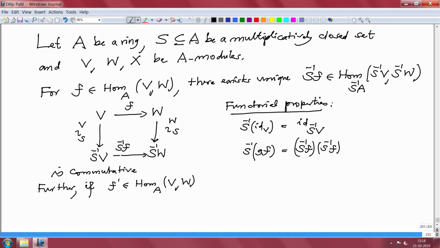Okay, so first of all, note that Hom A V W is also an A module.